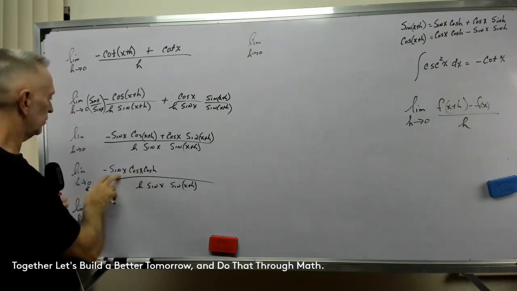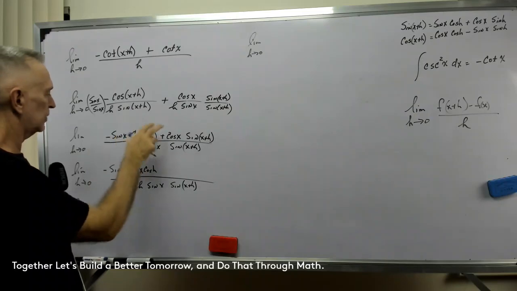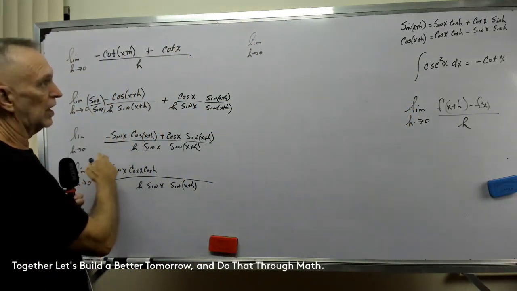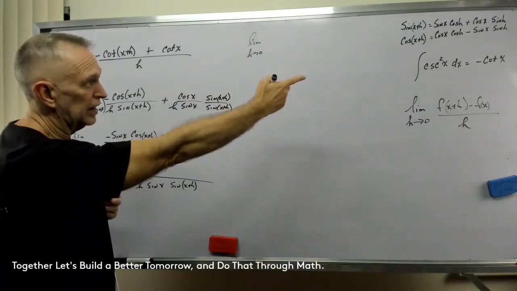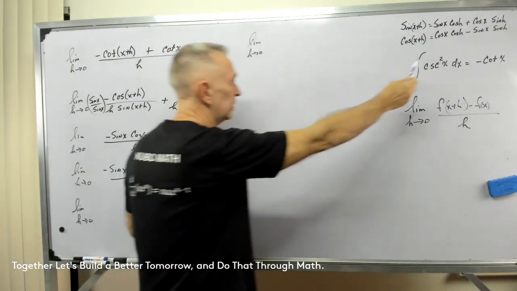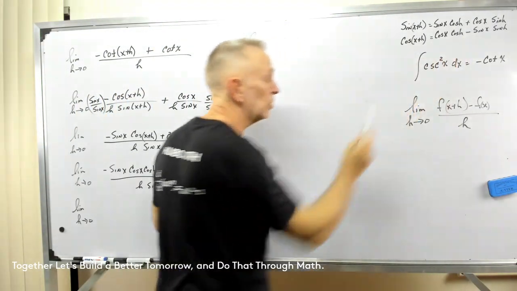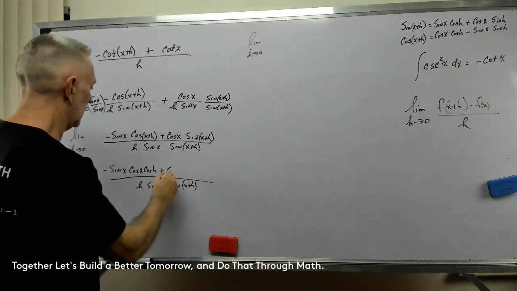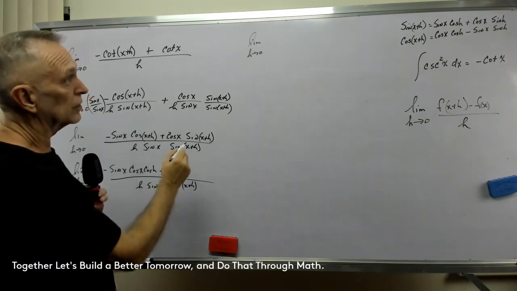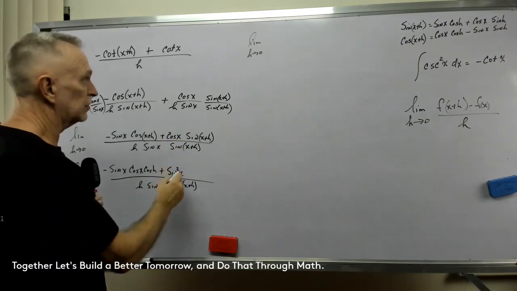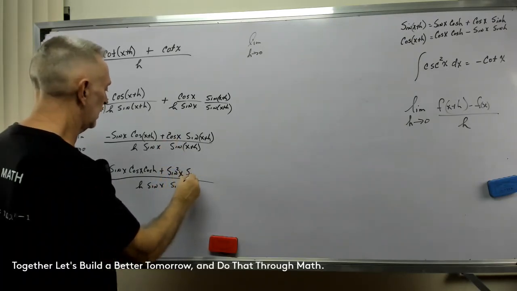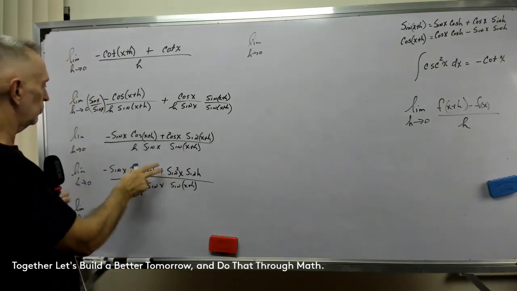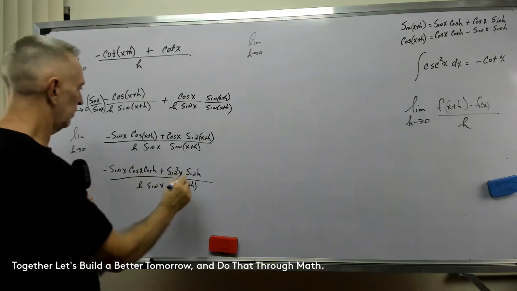And I'm going to still take that negative sine x and multiply now by the other side. So it's a negative sine x times negative sine x sine h, so this negative becomes a positive: plus sine x times sine x, so sine squared x sine h. That takes care of the cosine x plus h part of it.